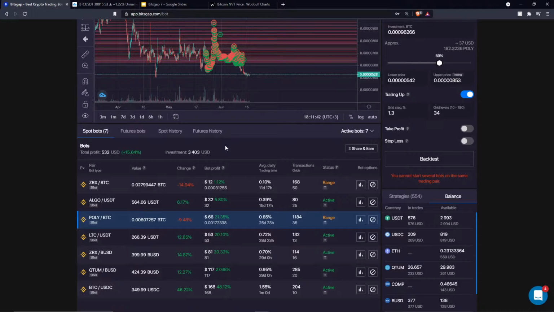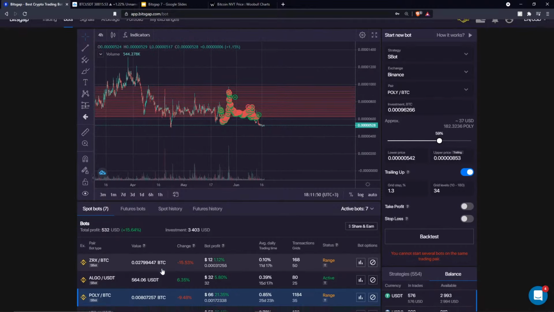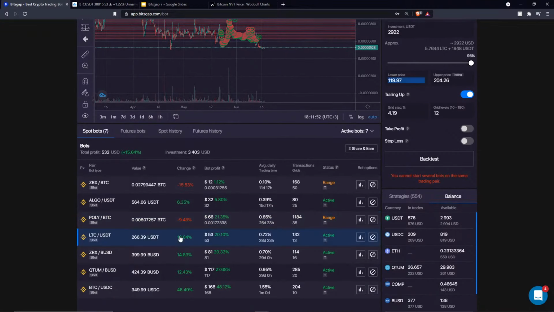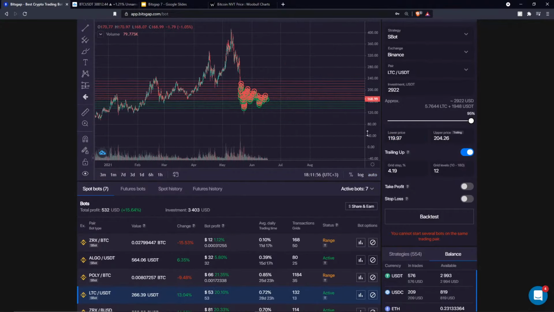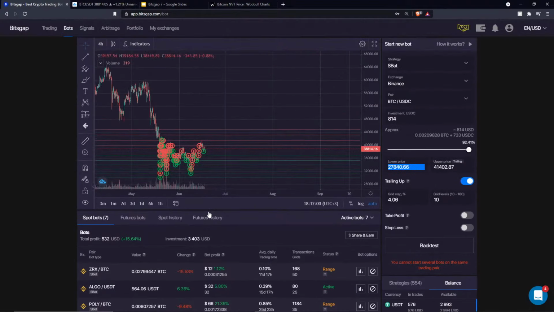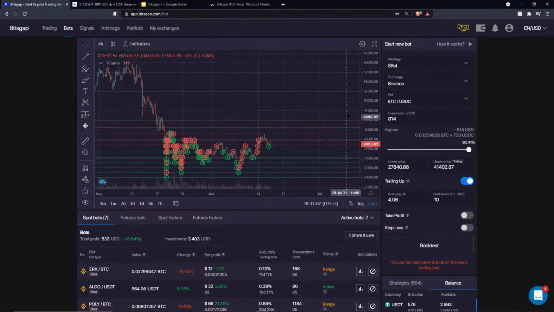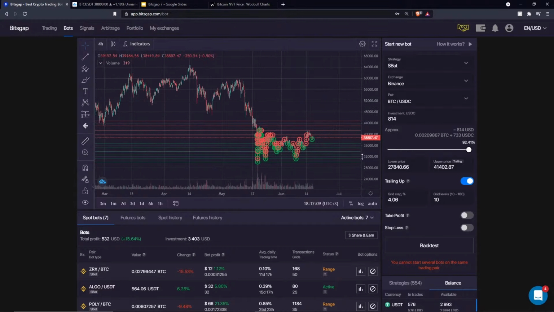So right now it's not the best time to actually launch these configurations because it doesn't seem to me that the market is bullish enough to grow rapidly. The only way for you to achieve 100% per month is when you see very strong bullish sentiment. Right now it's not like that.